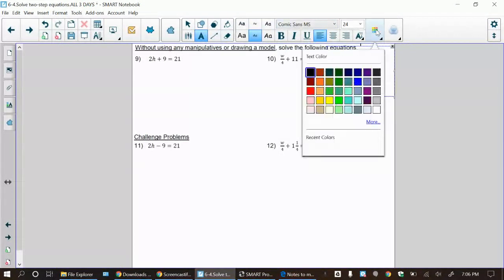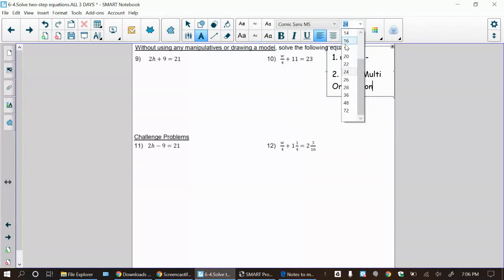Okay, so for this first one, I have 2h plus 9 equals 21. I want to get rid of this constant first. So the opposite of adding 9 to get rid of it is going to be subtracting 9. I didn't change my color.